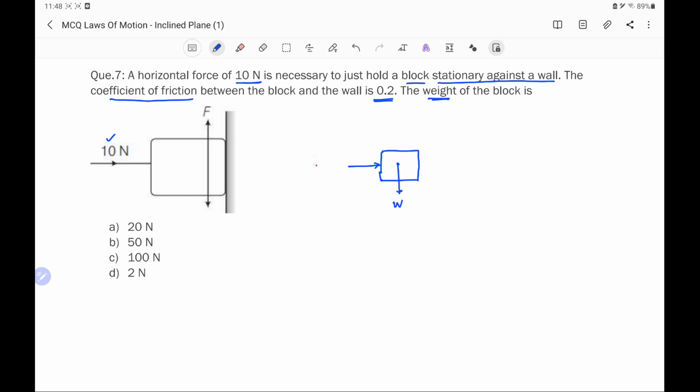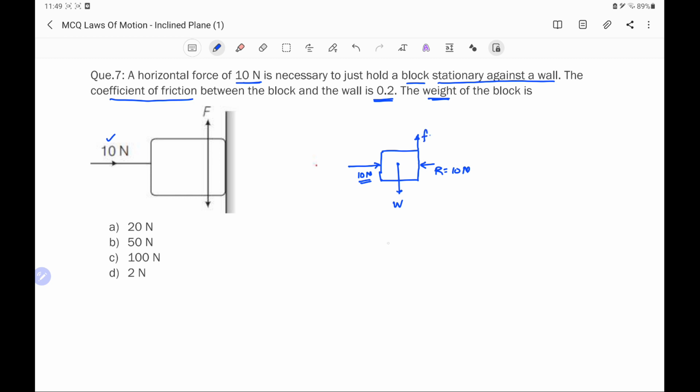A horizontal force is acting on the block, which is 10 Newton, and this presses the wall, and the wall gives a reaction force R, that will also be equal to 10 Newton, because there is no motion in the horizontal direction, and the block is in contact with the wall, so there is a friction force F.